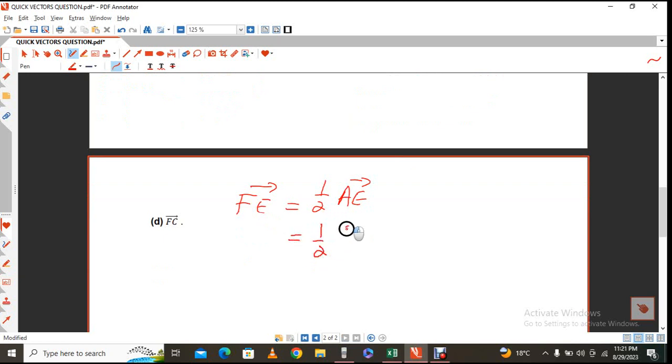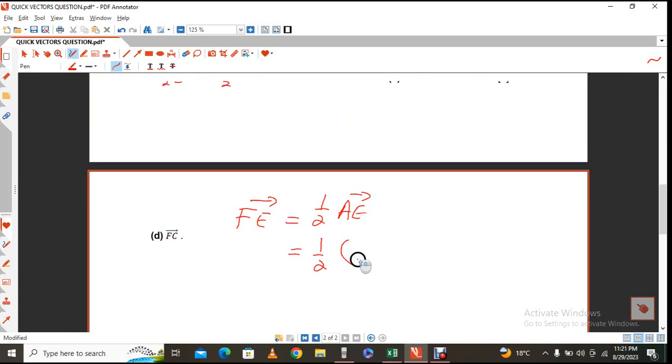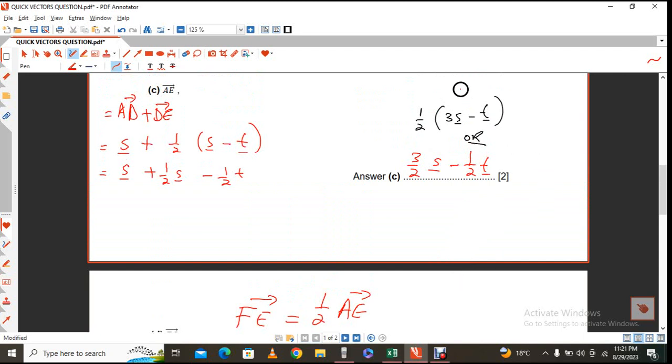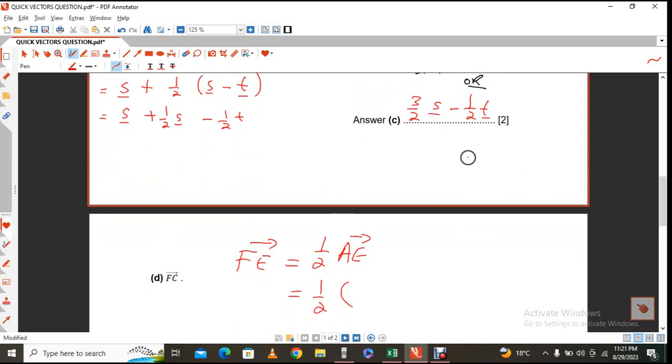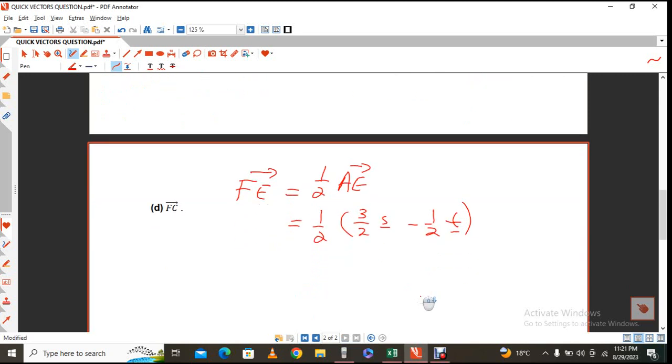So it's a half, and let me just go back to my previous answer. That's why I prefer to write it in this way. So I'll just say 3 half of S minus a half of T, and then I'm just going to simplify this a little bit to get my FE.